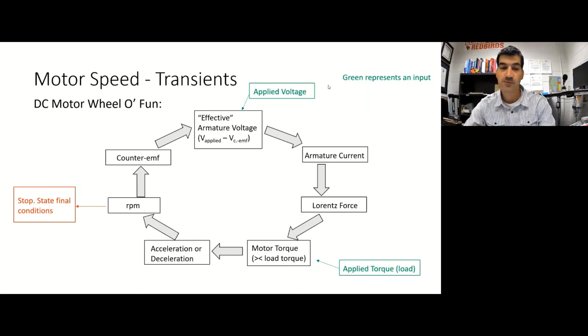And we'll talk more about the specifics of motor transients and what happens when you alter something about the motor, like you suddenly increase or decrease the voltage that you apply to the motor, or you suddenly increase or decrease the load applied to the motor. We'll talk more about that in the next class.